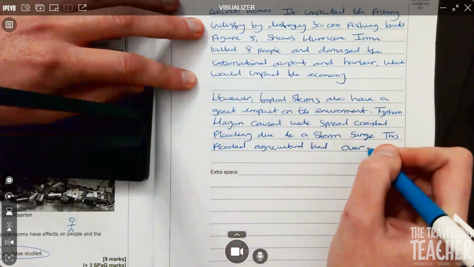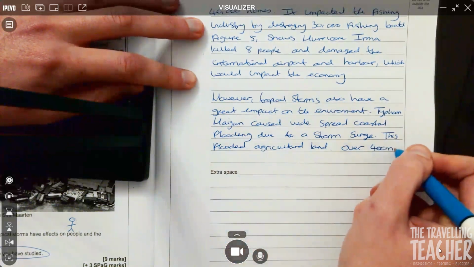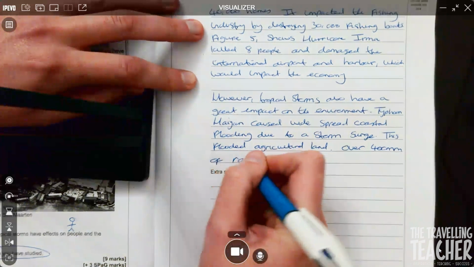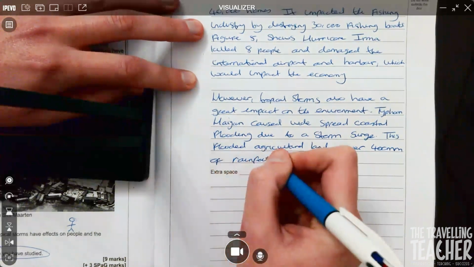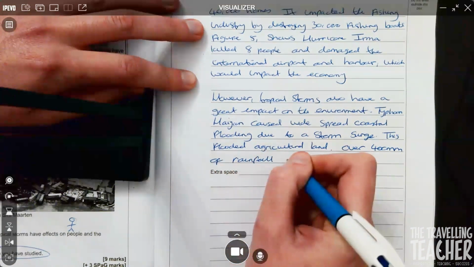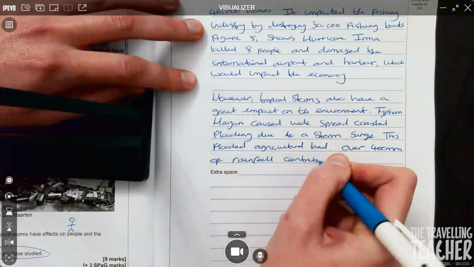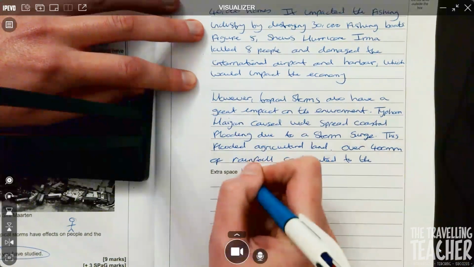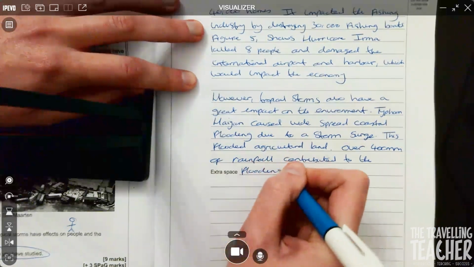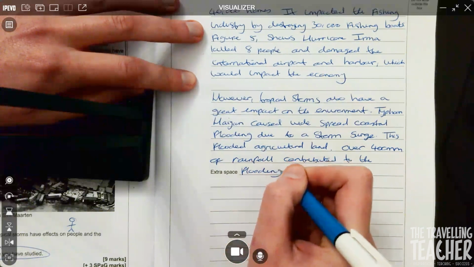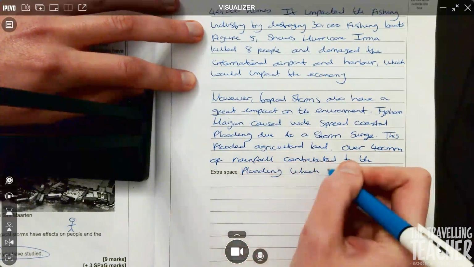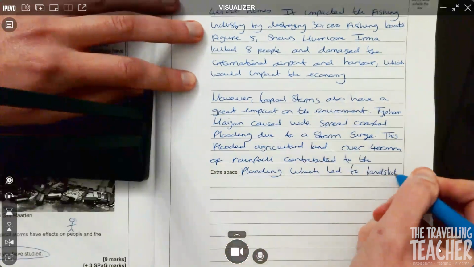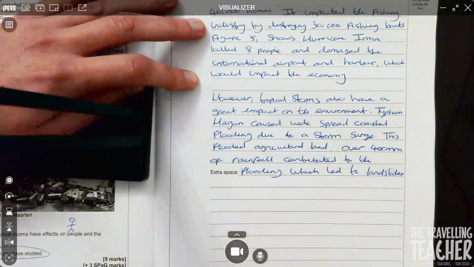Over 400 millimeters of rainfall contributed to the flooding, which led to landslides, another environmental issue.